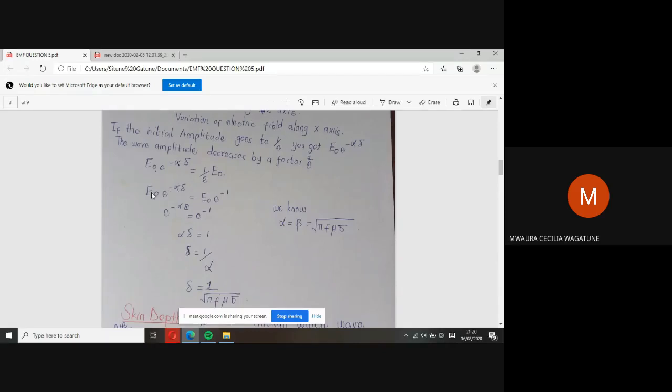We can see E naught and E naught is here, so you cancel it off, and then the powers you will equate the powers, which will be attenuation. Sorry, attenuation. Skin depth is equals to 1 over attenuation.